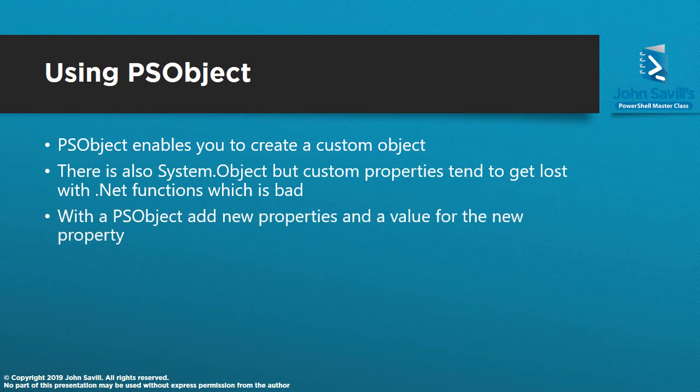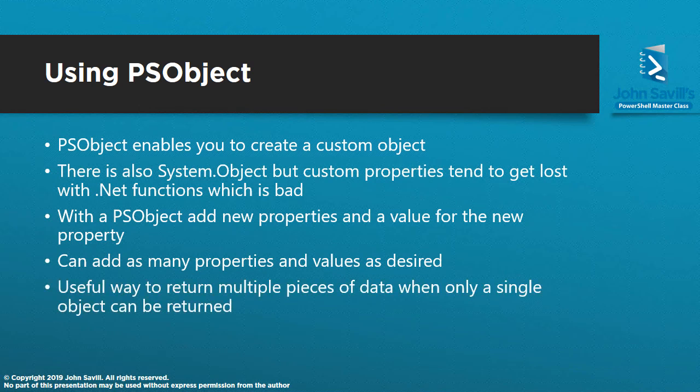So PSObject, I can add properties and a value for that new property. And I can add as many properties, as many values as I want. It's actually a super useful way if I want to return multiple pieces of data when only a single object can be returned. Imagine I created a function and I can only return one thing from a function, but maybe I want to return a whole bunch of things.